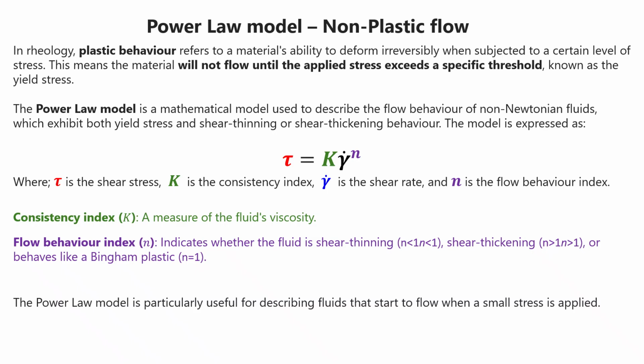Now, the flow behaviour index n is what gives us that shape of the curve, and it's a very simple model that gives you a lot of data, and you can do a lot of analysis from this.